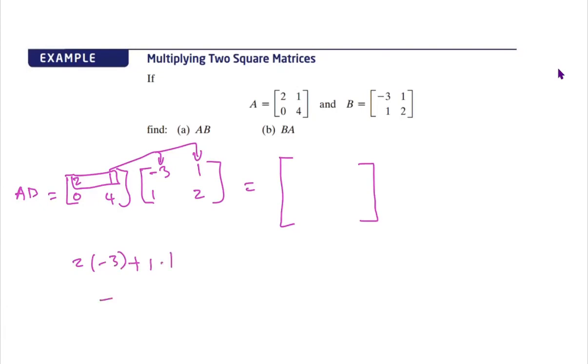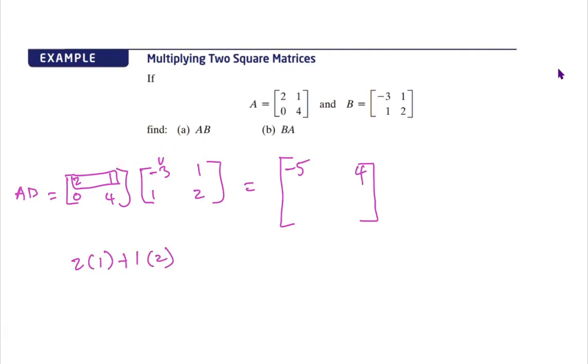That's negative 6 plus 1, which is negative 5. Then we work with the second column in the first row: 2 times 1 plus 1 times 2, so that is 4. That's the first row, and we put the results in order per columns.